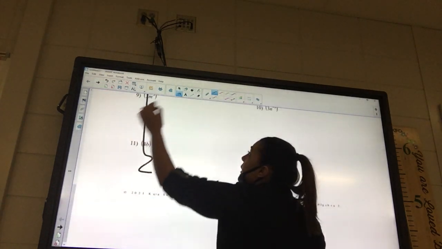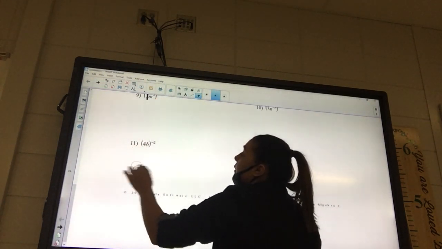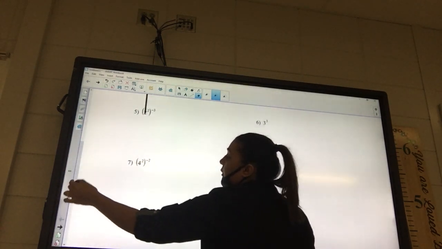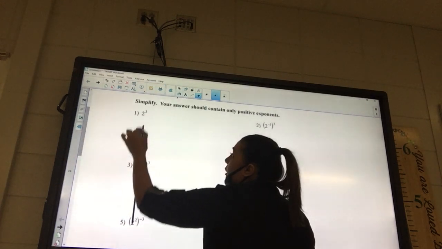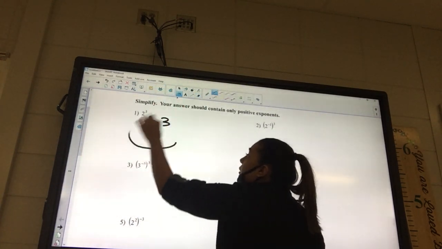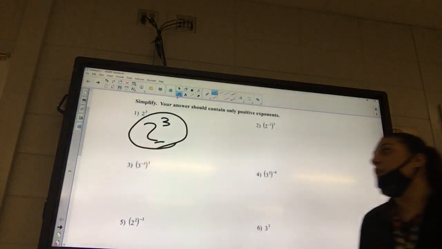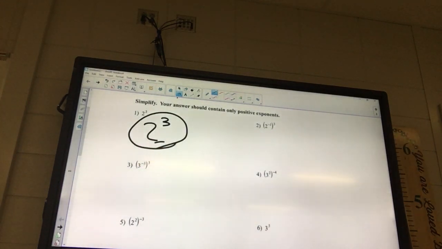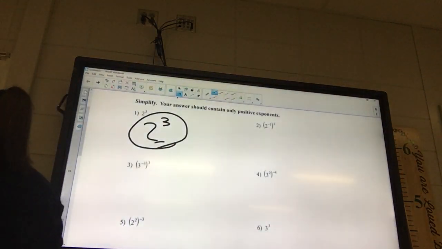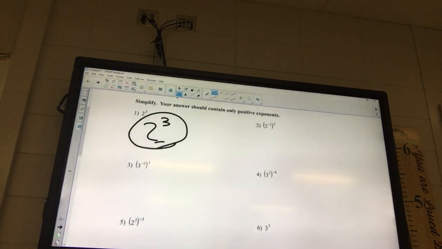It's just 2 to the 3rd. We don't need to do anything because it's already a positive exponent. There's no powers raised to powers. So we just leave it like that.